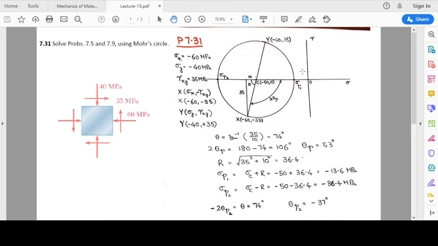Keeping that as the center, we can draw a circle through points x and y, and then we can find the angles made by the principal planes with respect to the vertical or with respect to the horizontal planes. So the rest is going to be simple geometry.